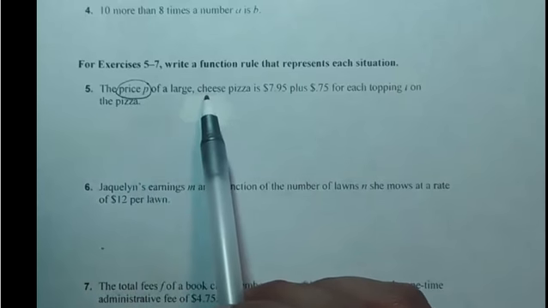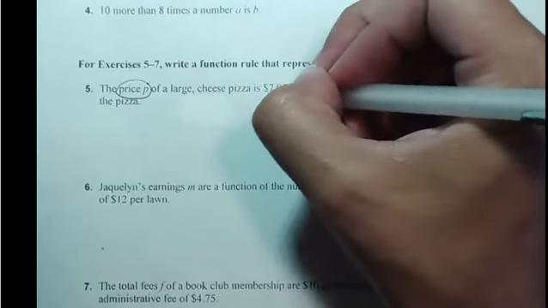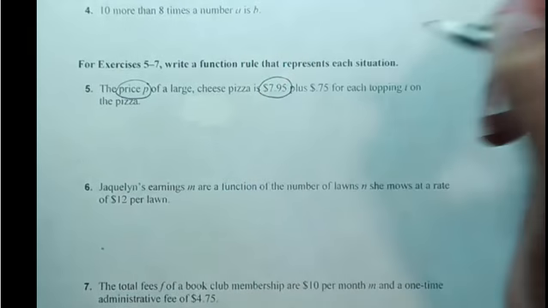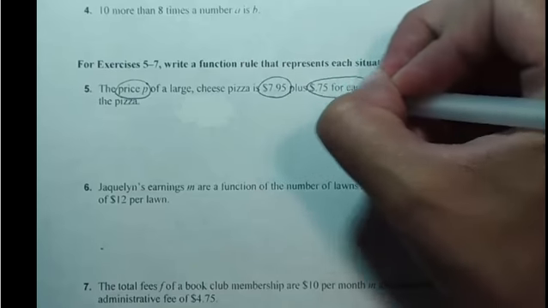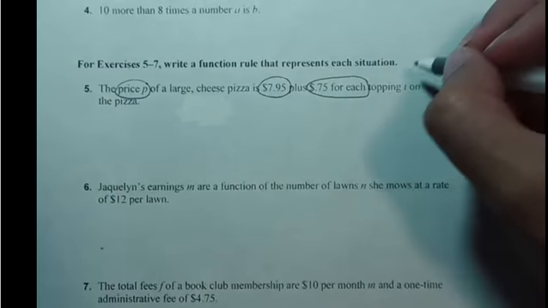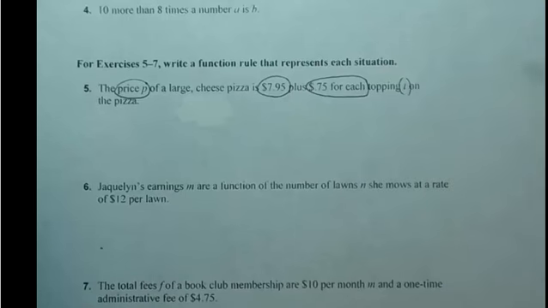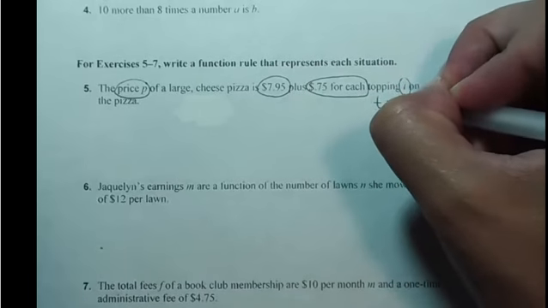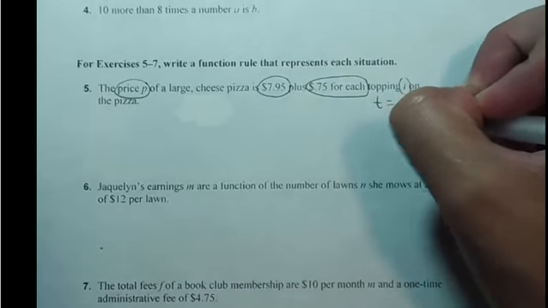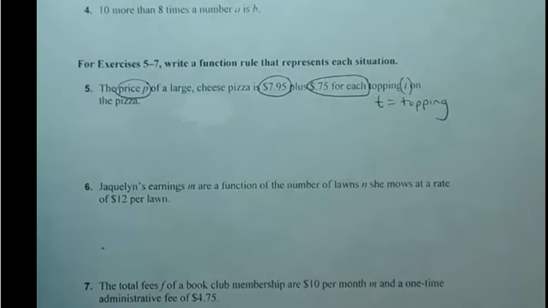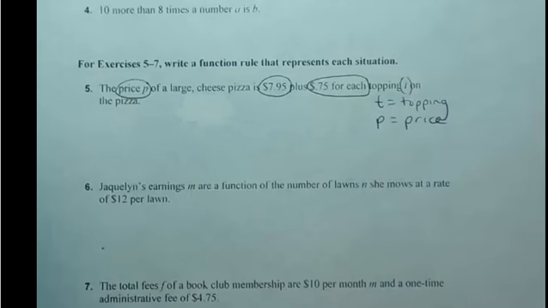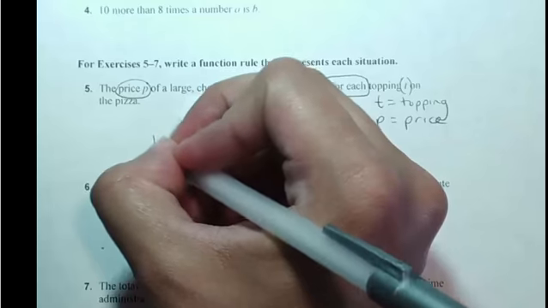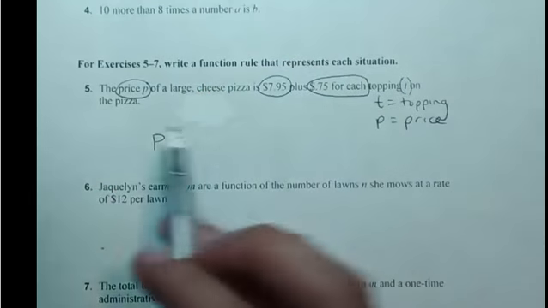The price P of a large cheese pizza is $7.95 plus 75 cents for each topping, which they use T for toppings on the pizza, and they use P for the total price. So what we want to find here is P for the price.